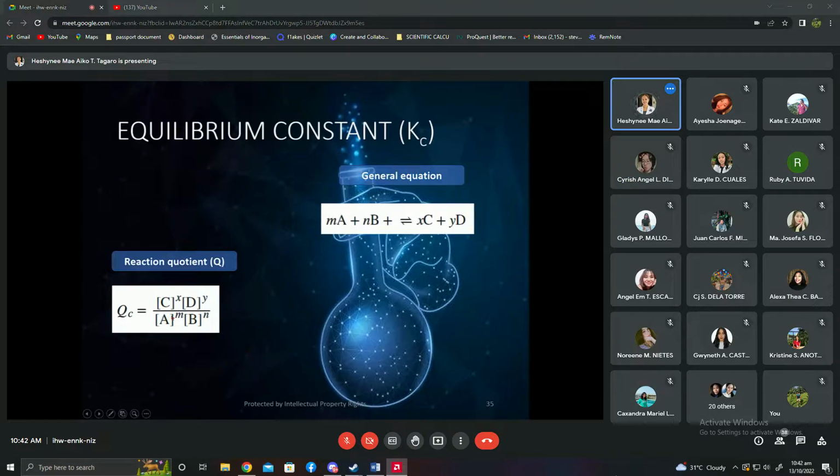C is for concentration. That is why the brackets are present here. I hope you get that there are brackets there, based on our previous discussions. Brackets here indicate molar concentrations. As you can see, the products are in the numerator and the reactants are in the denominator. And take note, their coefficients become their exponents here.